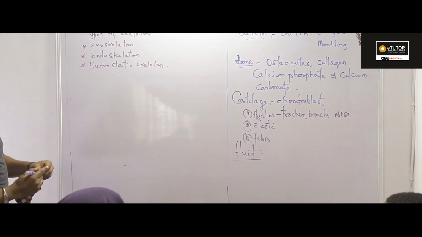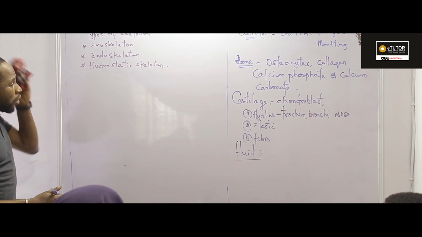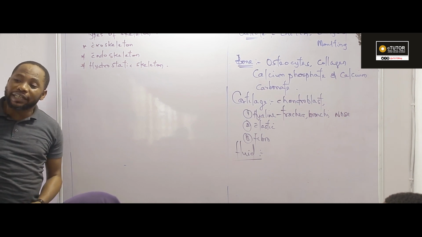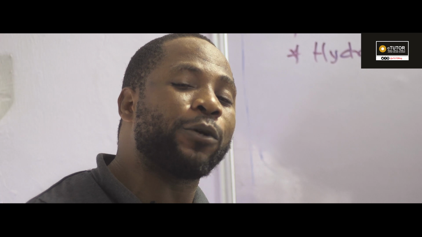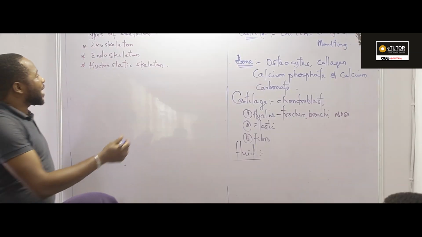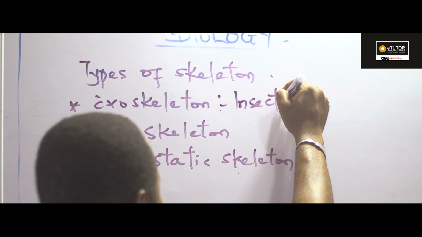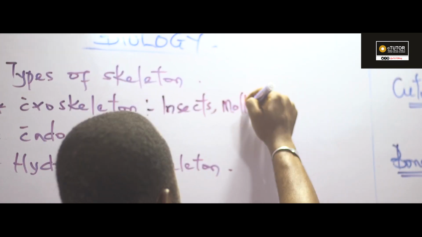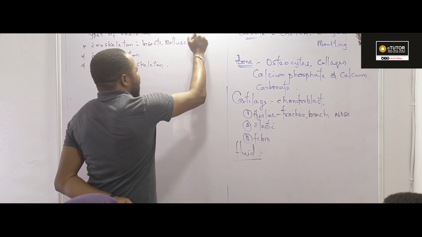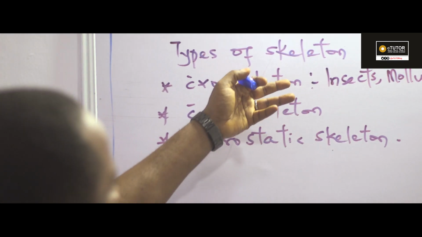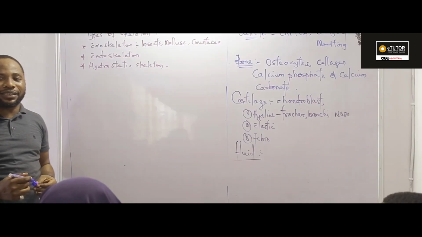Now, what is the meaning of these types? The first one, exoskeleton. This is a skeleton found outside the body of the animal or organism that possesses it. The skeleton is protecting the entire body of the animal. For instance, animals like insects, some mollusks, crustaceans, etc. Their type of skeleton is exoskeleton.